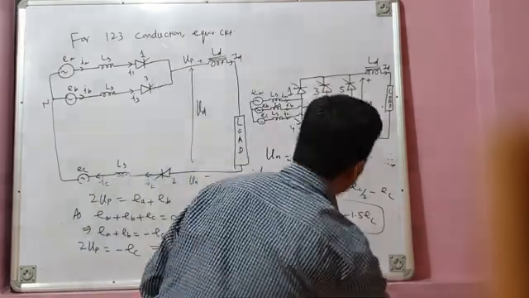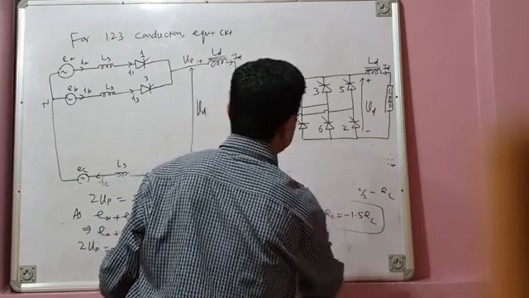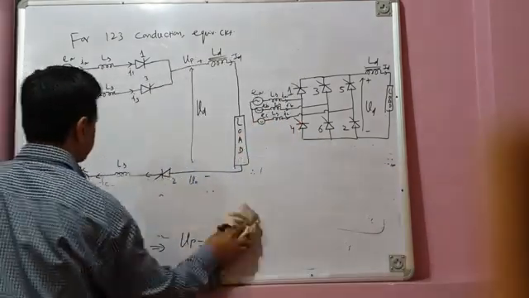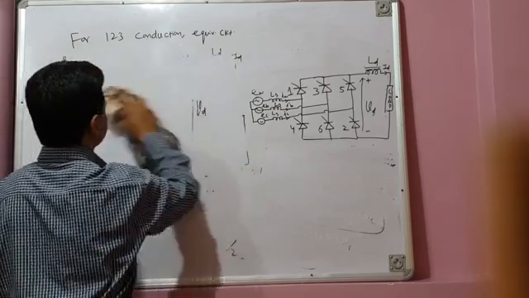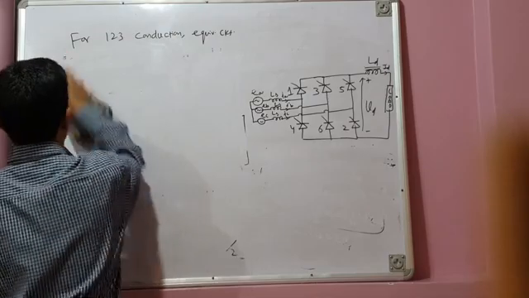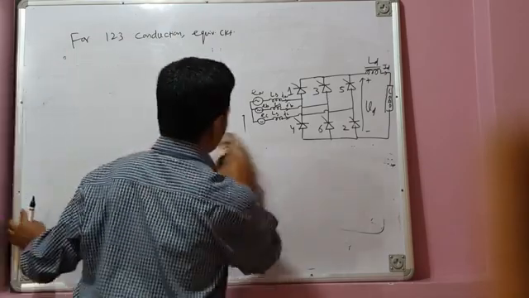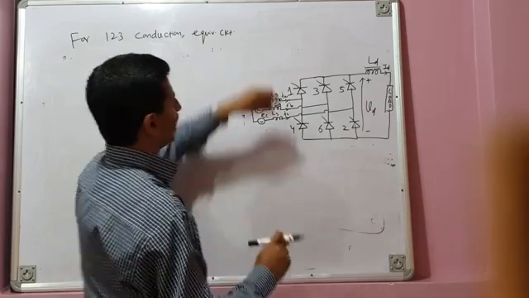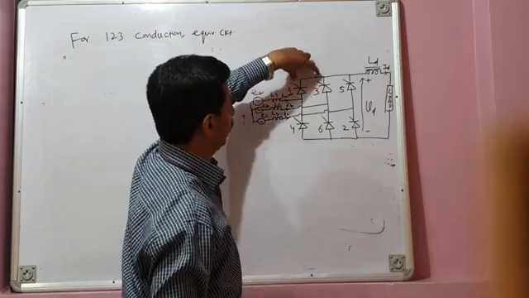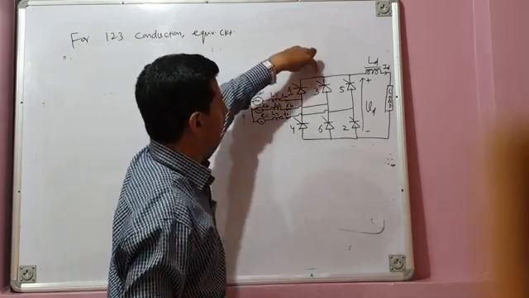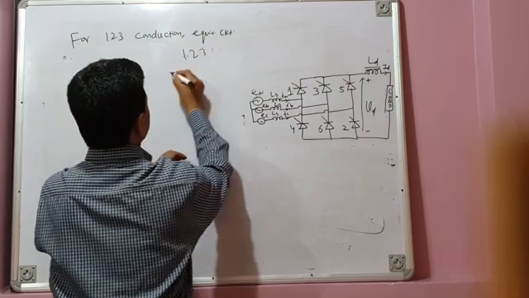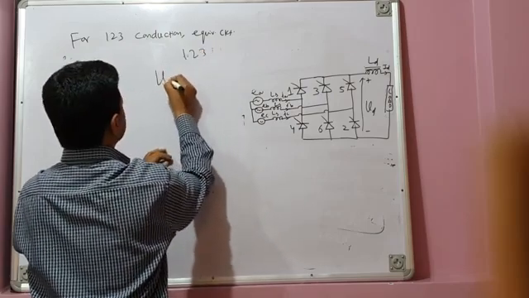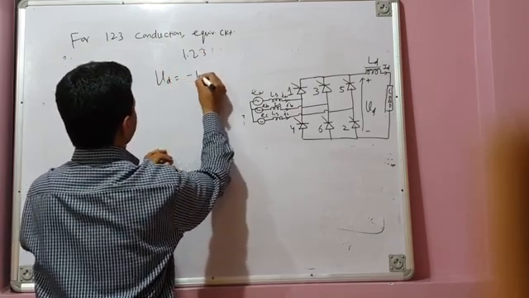Okay, so the general trick is that whenever two of the upper valves are conducting, your load voltage is minus 1.5 times the phase voltage. For example, we have just seen when 1, 2, 3 are conducting, that is, 1 and 3 are conducting and 2 is conducting, the load voltage is minus 1.5 times EC.